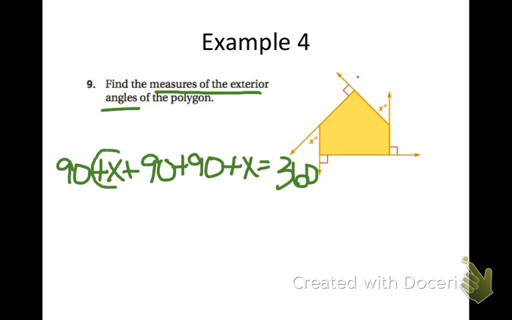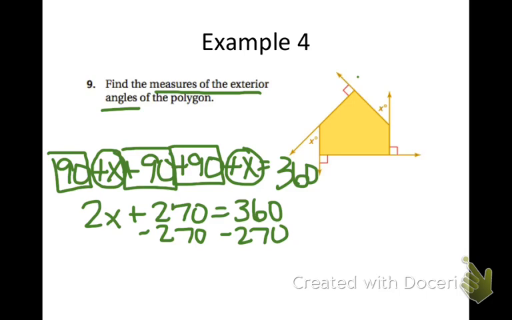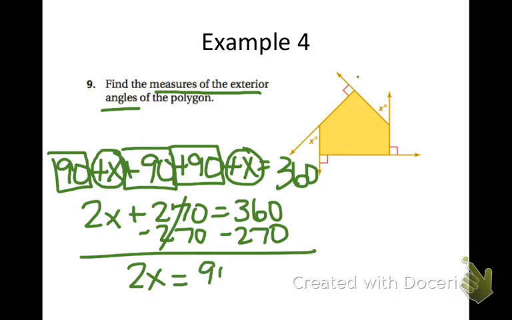So then combine your like terms to simplify the equation. So 2x plus 270 equals 360. Subtract 270 from both sides. 2x is equal to 90.